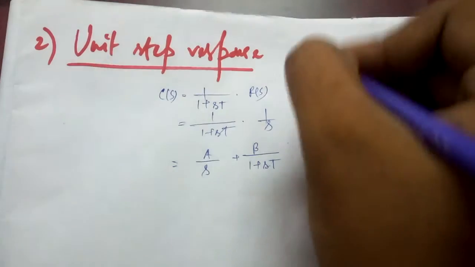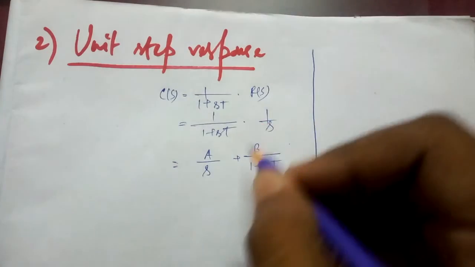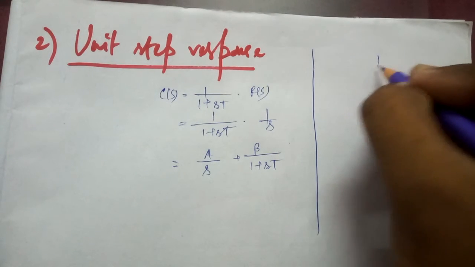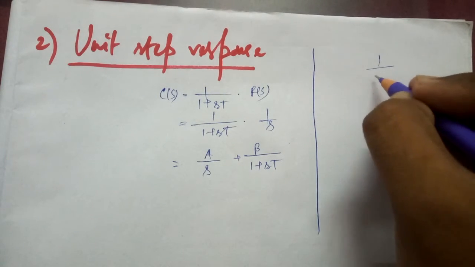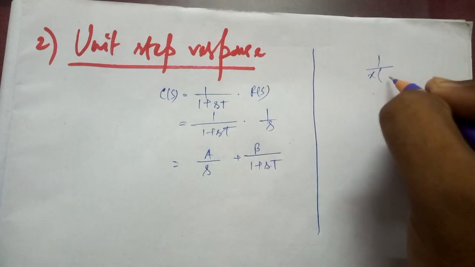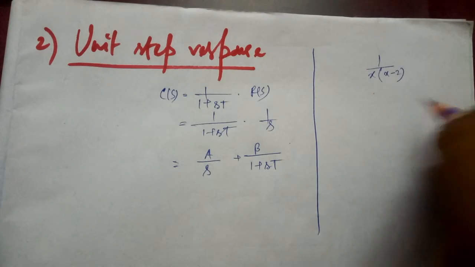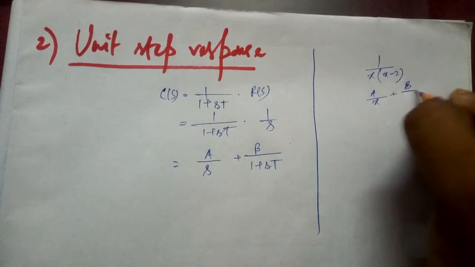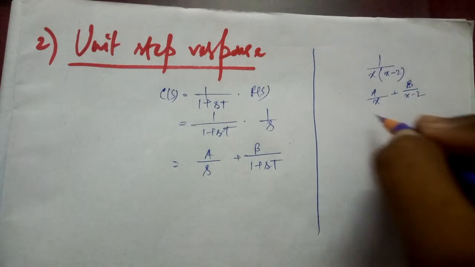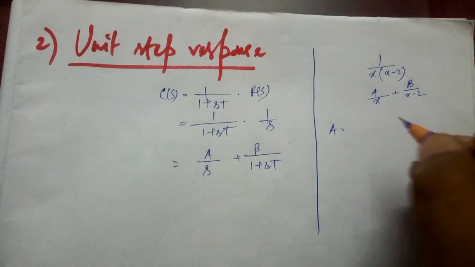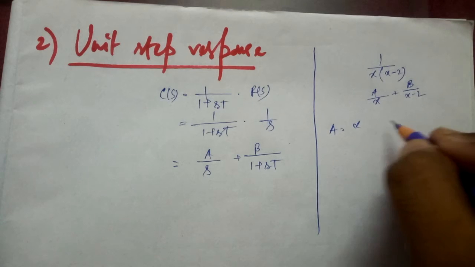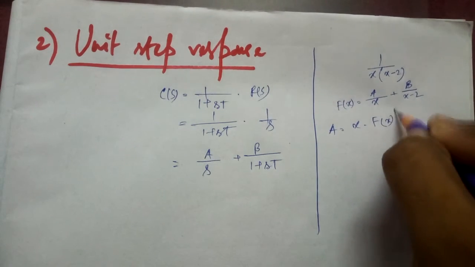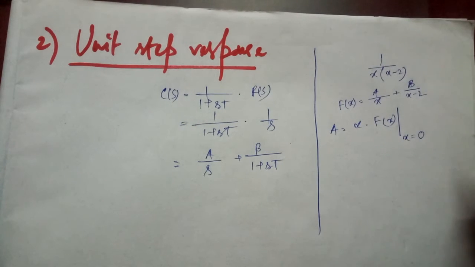Now if you don't know the formula for A and B, always remember, if there is a function like, let's take x into (x minus 2), and we write it like a/x plus b/(x minus 2), how will a become? a will be x into f(x) at x equal to 0.